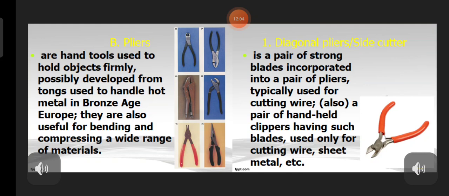Diagonal pliers or side cutters are similarly shaped tools for cutting rather than holding, using a pair of stout blades similar to scissors, except that the cutting surfaces meet parallel to each other rather than overlapping.